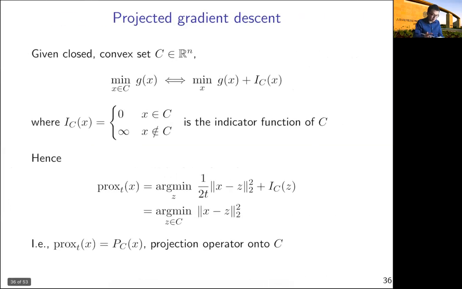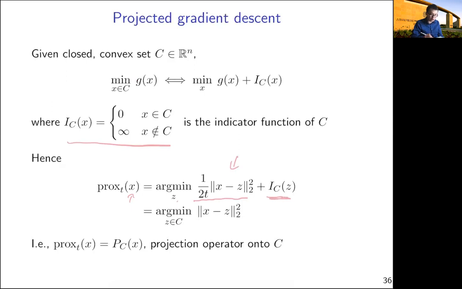Specifically in projected gradient descent, just to convince you, with this indicator function written here, the proximal operator would simply look like this. You want to minimize a quadratic function of z with input x, plus an indicator function, which is infinity outside the set.